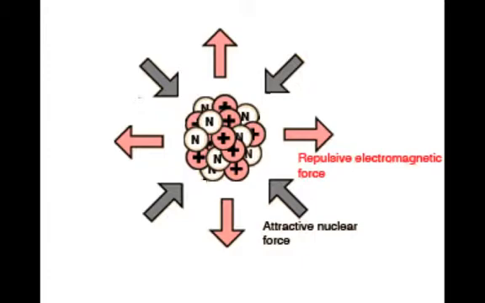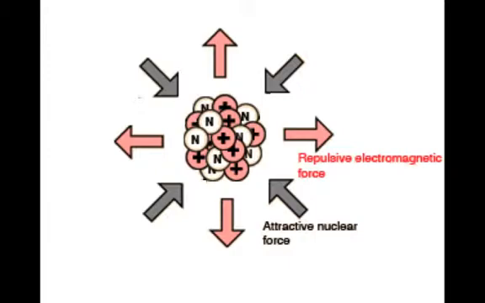But they stay in the nucleus. They do. They don't fly away. And so how does that happen? How can you have this force pushing outward and still have the protons stay in the middle? Well, there must be another force counteracting that repulsive force that holds the protons in the nucleus. And that force is called the strong force, also called the nuclear strong force.